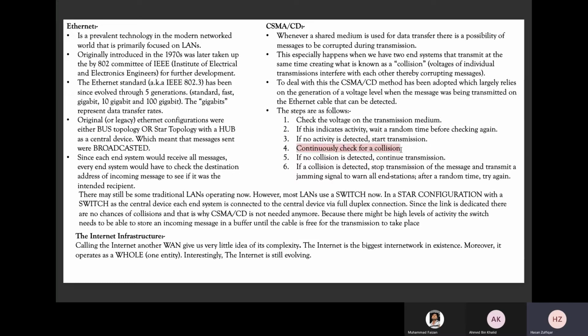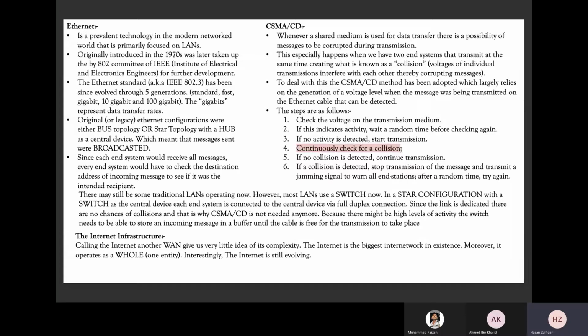Well, it's quite simple. They are simply listening to their own transmissions. Now, as you remember, bus topology allows for data to be broadcast. So technically, you as a sender may also be receiving your transmission. So if you listen to your transmission and you see your own transmission in a corrupted, distorted manner, that means every other device will be hearing the same.